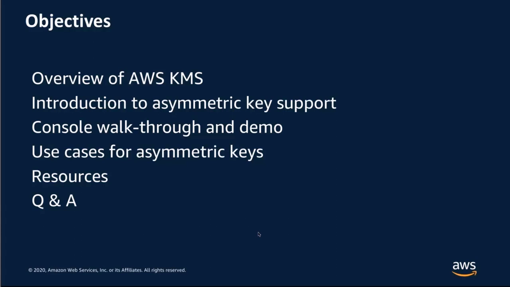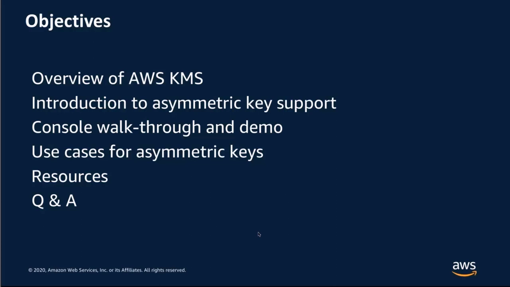And then after the demo, I will talk to you about the various use cases for asymmetric keys and how you can actually use them in your workloads. And then finally, we'll end with some resources for you to take away. And if you have any questions, we will set some time aside for questions in the end.